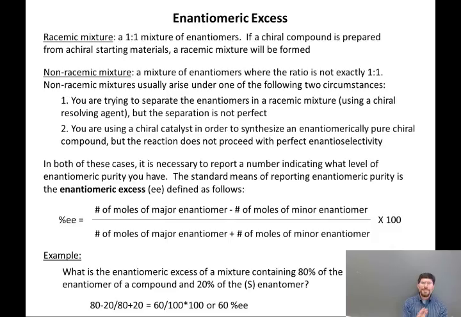What goes on top is 80 minus 20. What goes on the bottom is 80 plus 20. Conveniently, I set up this problem so that what's on the bottom adds up to 100. So that's 60 over 100 times 100 in order to get this as a percentage. So an 80 to 20 mixture has a 60% EE.